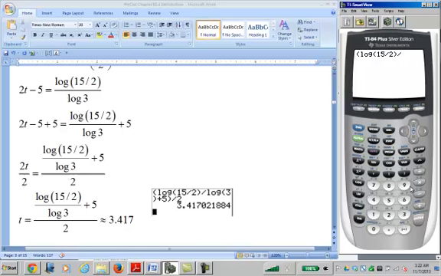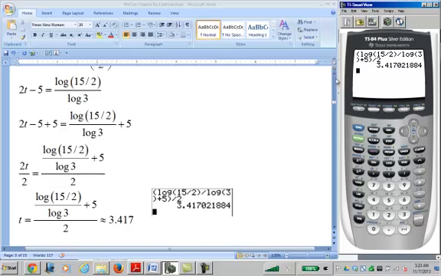Divided by the log of 3, close parenthesis, divided by 2, plus 5, I'm sorry, plus 5, close parenthesis. Okay, so that's the whole numerator part here, divided by 2.